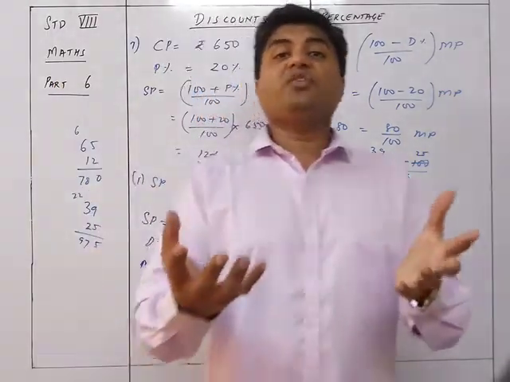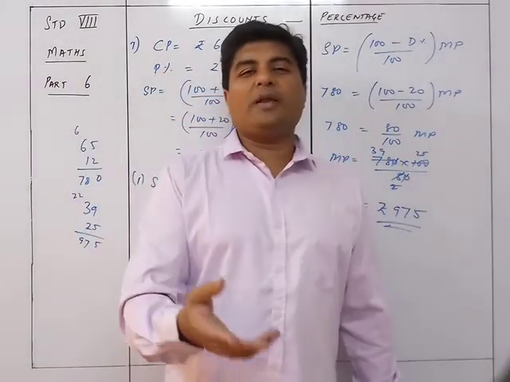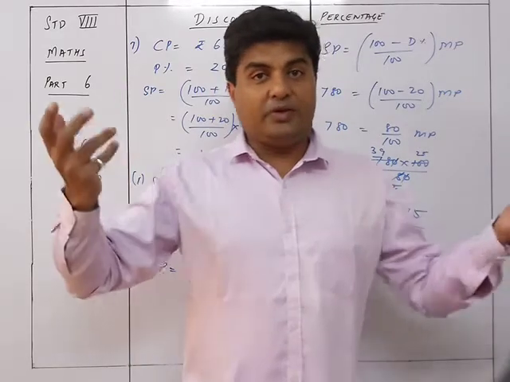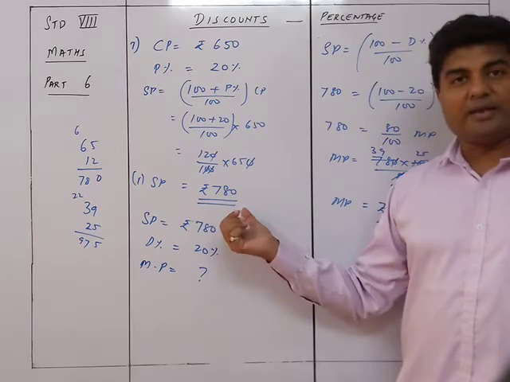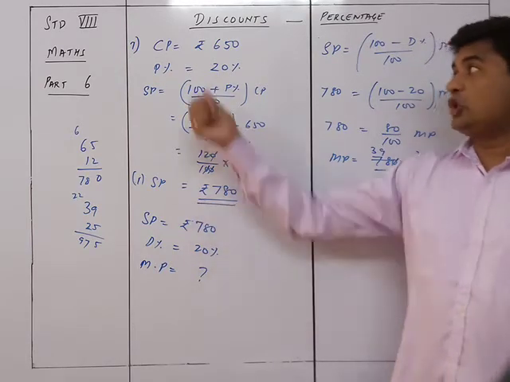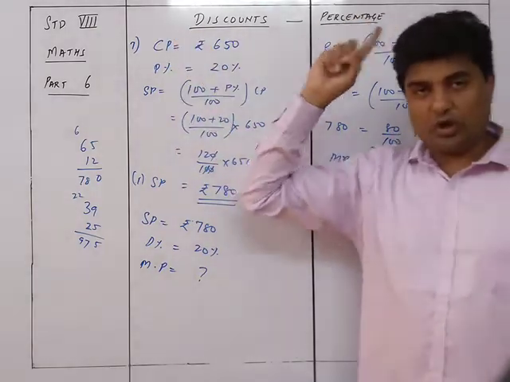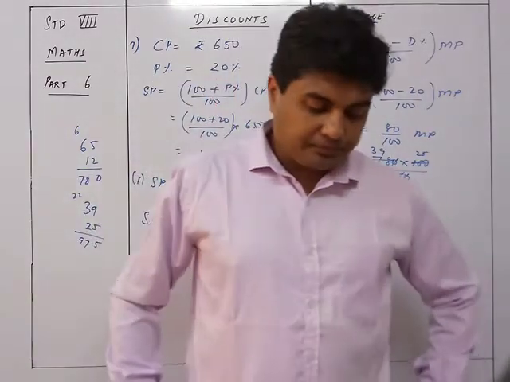Understood? He bought at 650, marked the price at 975, and then told the public, I'll give you 20% discount, and you are very happy that you got 20% discount and you are going to buy the material at 780. And after that, what is the outcome? The shopkeeper still earns 20% on his cost price, right? So this is how you do sum number 7.